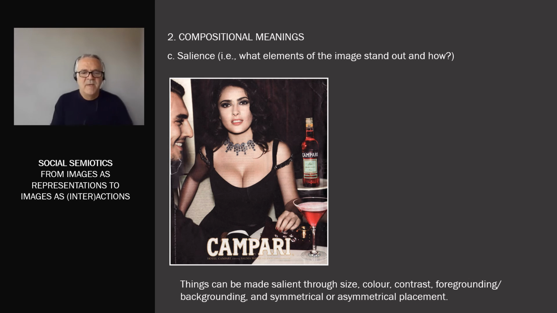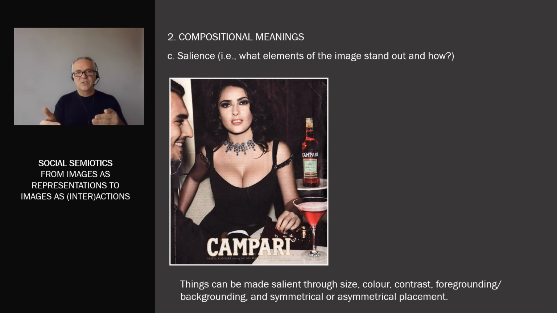Now, salience can be accomplished in several different ways, such as through size, color, contrast, especially light and dark, foregrounding or backgrounding, or symmetrical or asymmetrical placement. In terms of placement, salience can work closely with information value, for example, the obvious centering of Salma Hayek's breasts in this case.